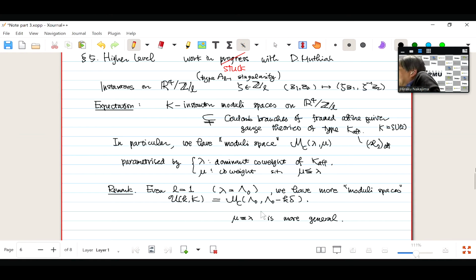So the Coulomb branch is supposed to be the moduli space of instantons, but it should be instantons on a more complicated space. I don't want to explain what kind of complicated space we are considering, but it's again non-compact and somehow topological.